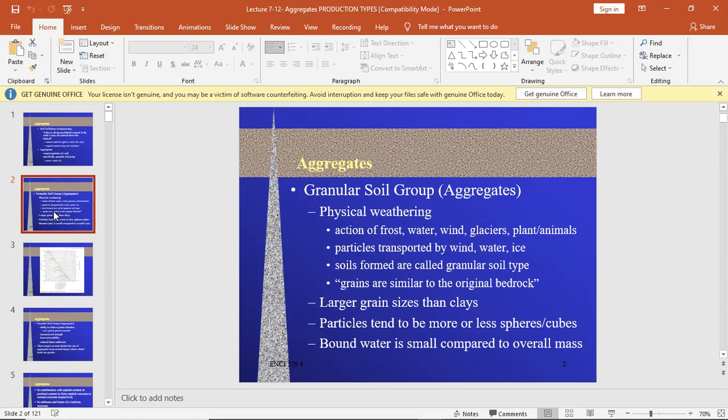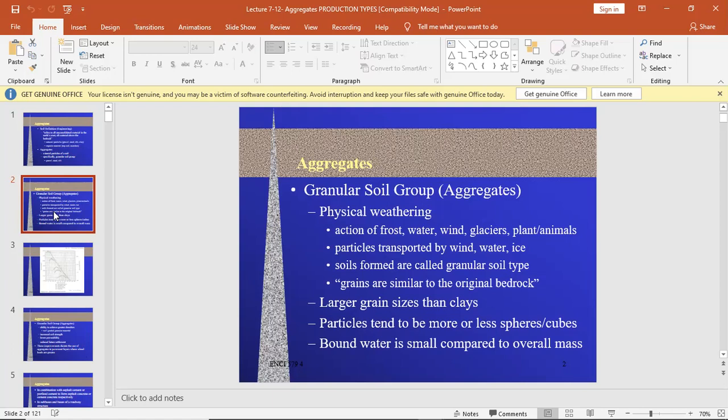But in lean concrete, we can use round gravel or pea gravel as well. These rounded aggregates are not desired in highway construction. In highway construction, we always go for a cubical or angular aggregate.